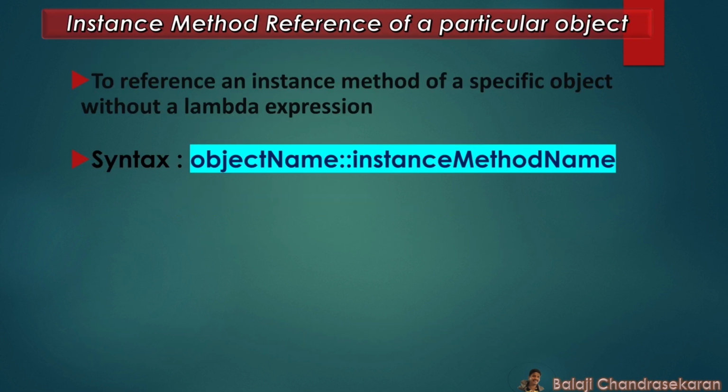In Java 8, the instance method reference of a particular object allows you to reference an instance method of a specific object without explicitly creating a lambda expression. A reference to an instance method of a particular object is denoted by the syntax objectName::instanceMethodName.